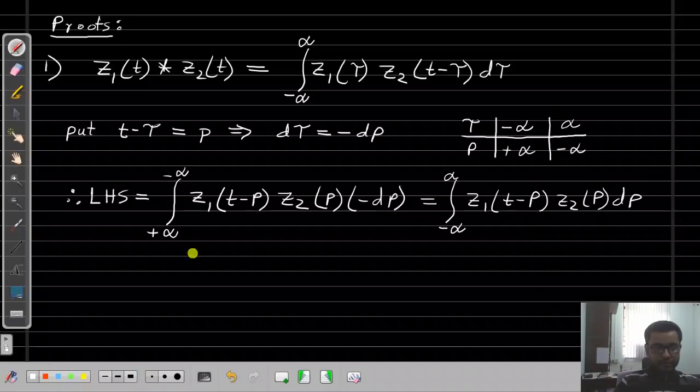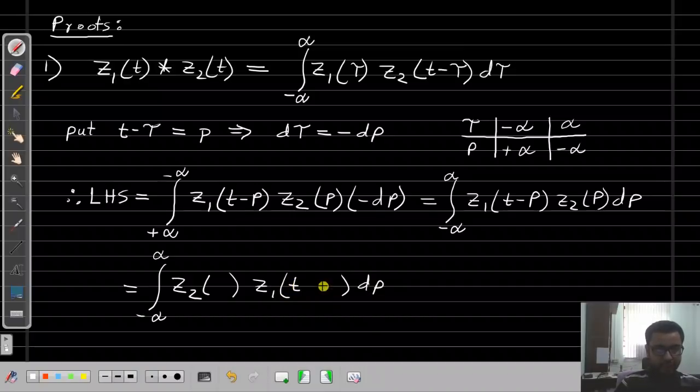Now this is also the same as the integral from minus infinity to plus infinity, I can write z2 first, followed by z1 of this term, dp.